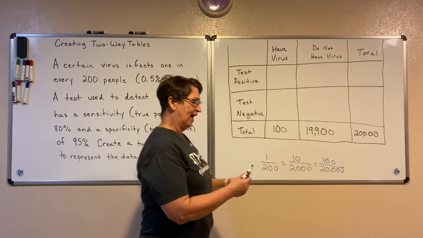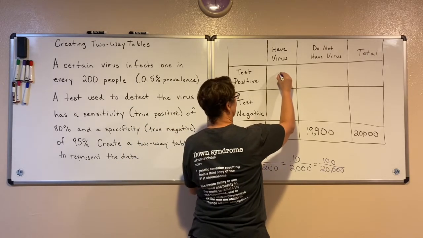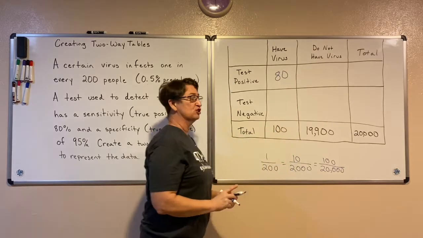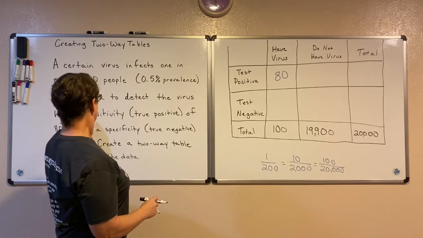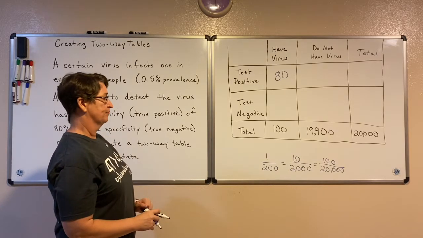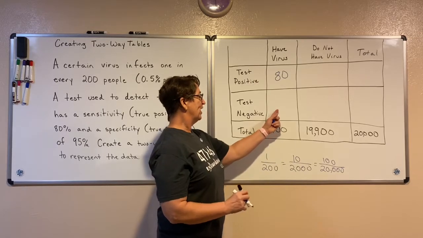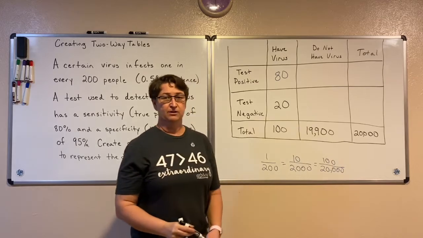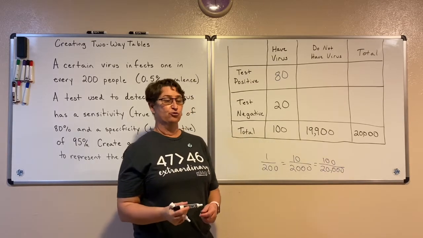So since I have 100 of them with the disease, 80 of them will walk away with a positive. That's the true positive, that's the true positive rate. That means that out of those 100, 20 of them walked away with a negative test. They actually have the disease, but they walk away thinking that they do not have the disease.